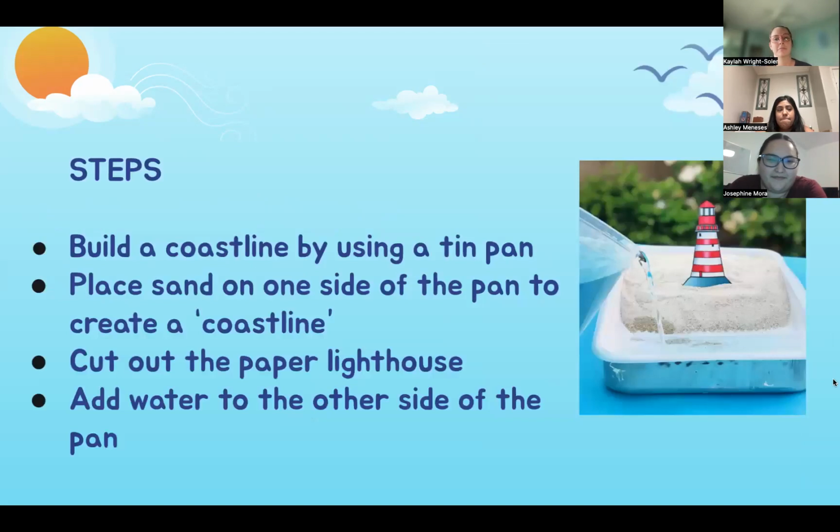The steps in this activity, friends, are: we're going to build our coastline by using the tin pan. Make sure you have all your materials for this part. You're going to place the sand on one side of the pan to create a coastline. Then cut out your paper lighthouse and place it in the sand. Then add water on the other side.